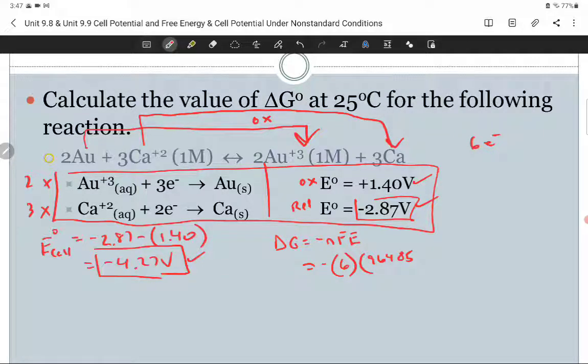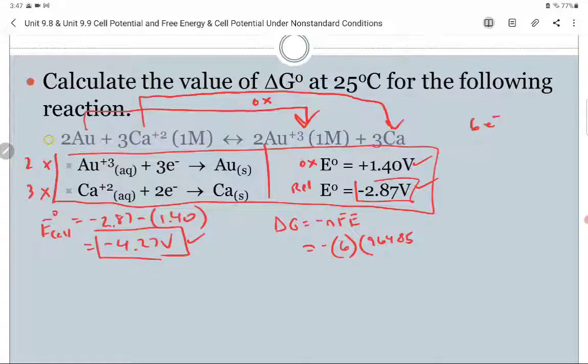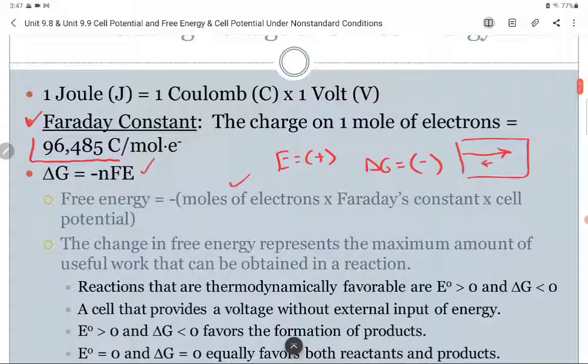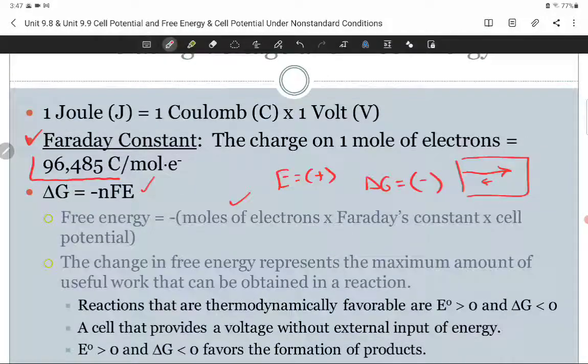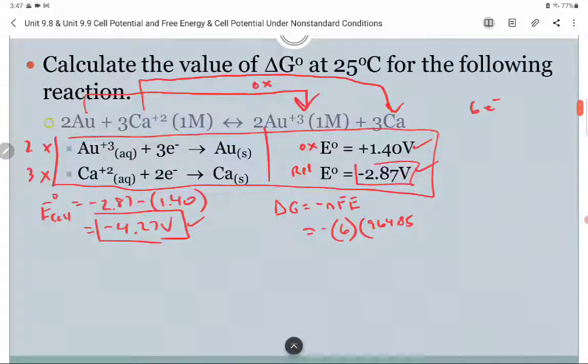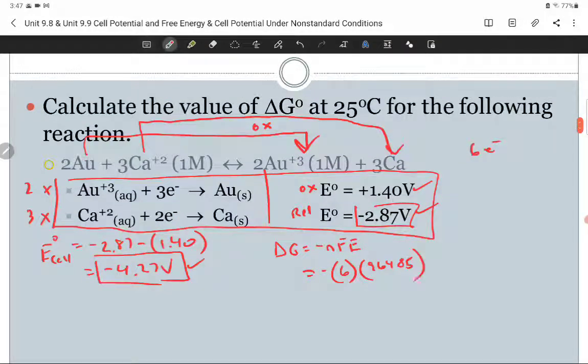96,485. And the units, let's go back, revisit these units. Coulombs per mole electron. But remember that coulombs times volts will give you joules. So what that means is that the coulombs that we just mentioned in the 96,485 and the negative 4.27 volts will combine to make these joules.